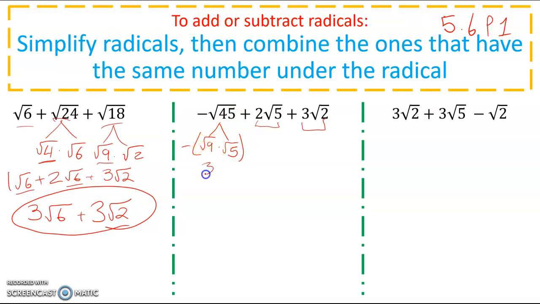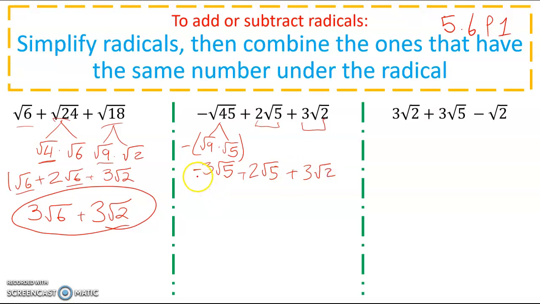Square root of 9 is equal to 3. Square root of 5 can't be broken down any further, so it just turns into 3 times the square root of 5. And then all this multiplied by the negative out front there, so it turns into a negative 3 square root of 5. And then, as I said, these ones up here don't break down any further, so it just turns into plus 2 square root of 5 plus 3 square root of 2.